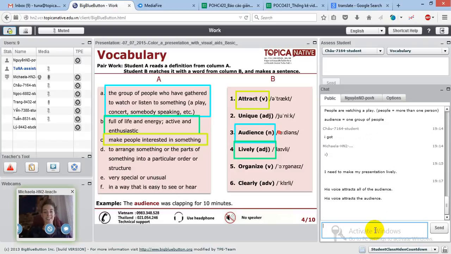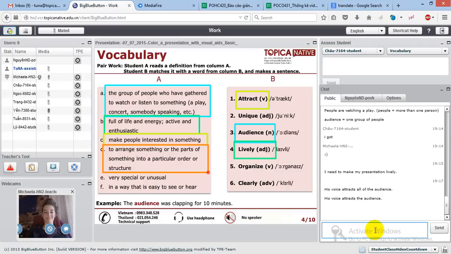Okay? Awesome. Good job. And Yen, can you please read the words for us? Attract. Unique. Audience. Lively. Organize. Lively. Great, nice work. To arrange something or the parts of something into a particular order or structure.